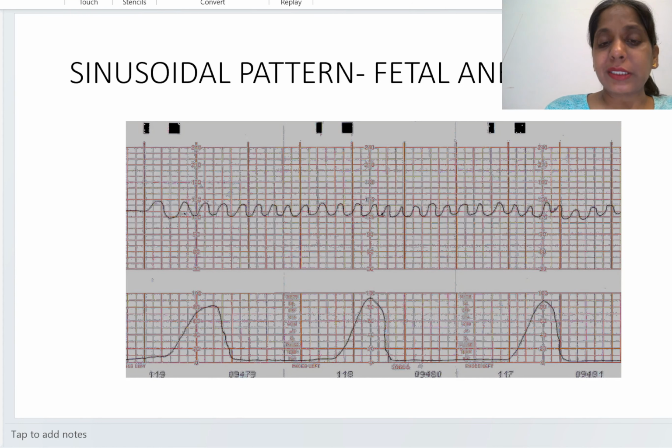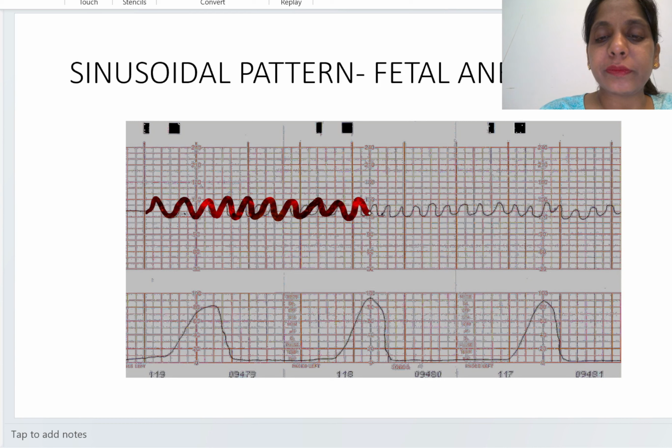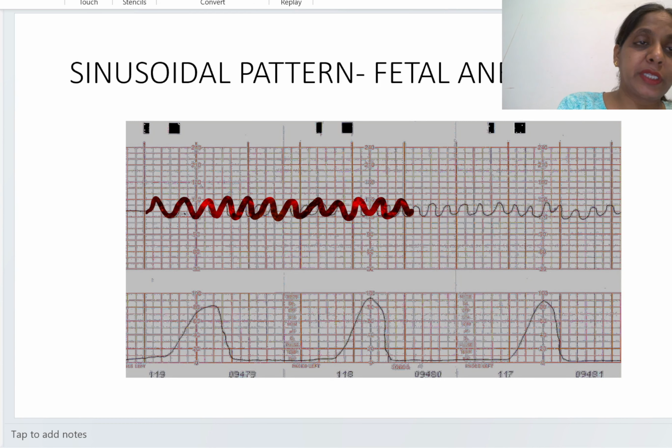Last but not the least is the sinusoidal pattern. It is seen in fetal anemia. What is the sinusoidal pattern?